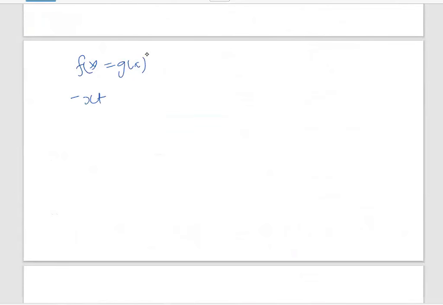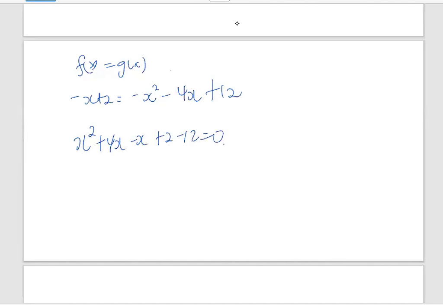So negative x plus 2 should be equivalent to negative x squared minus 4x plus 12. So let's move everything to the left. So it's going to be x squared plus 4x minus x plus 2 minus 12 is 0. X squared plus 3x minus 10 is 0.